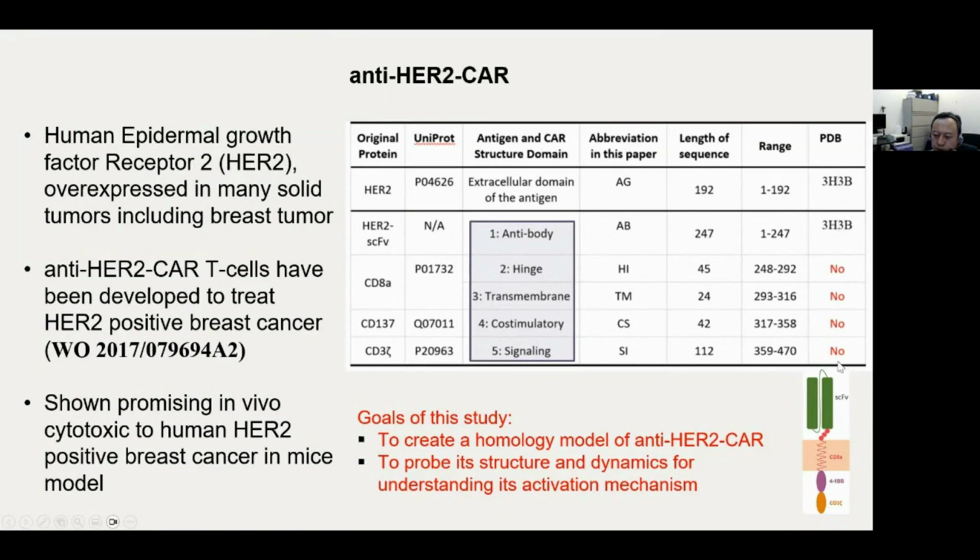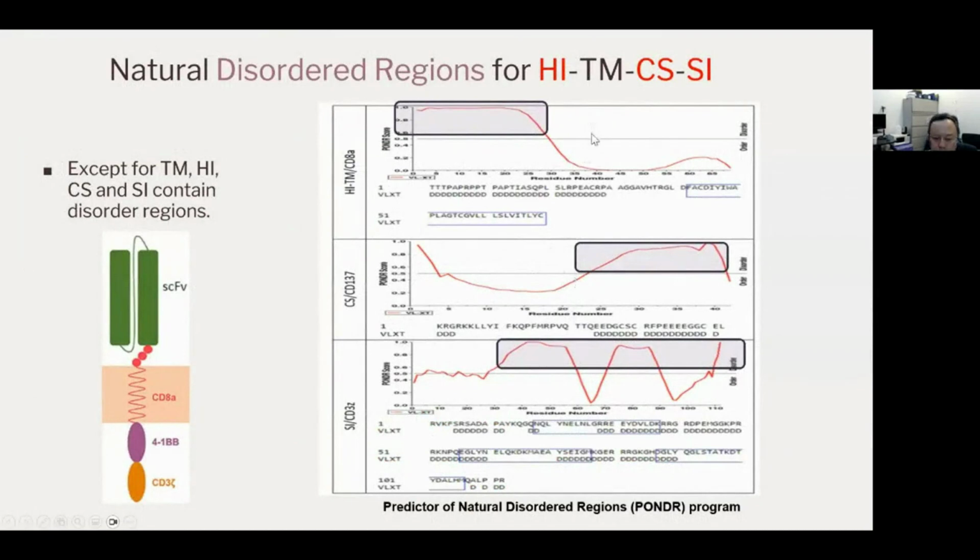So here we did some bioinformatics study to detect which parts are disordered. The transmembrane part is helical, but this hinge is a disordered part. For the co-stimulatory domain, a large portion is disordered, and for the signal domain, a large portion is disordered.